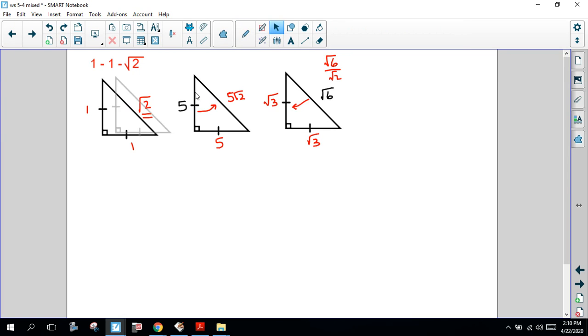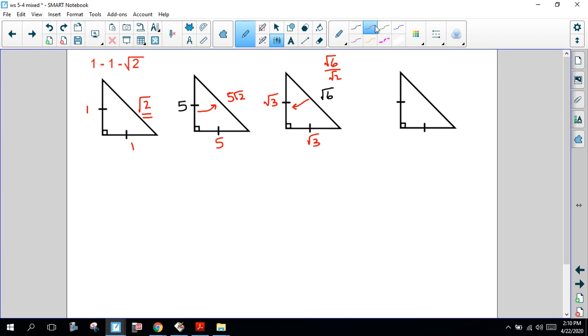So let's take a look now. What if the length of the hypotenuse this time isn't a radical? What if it's just 5? Well, once again, to go from the hypotenuse to the leg, it's getting smaller. The key number is still this radical 2. I'm going to divide by radical 2. So if I do a little chicken scratch off to the side here, I'd say 5 divided by radical 2.